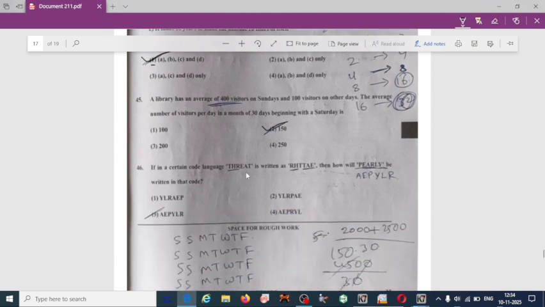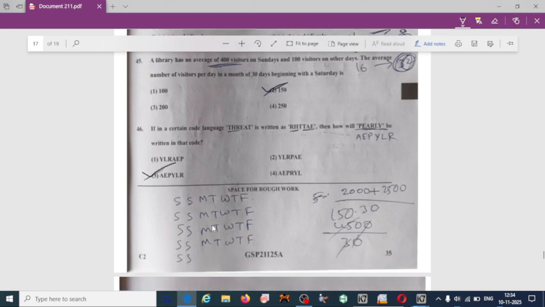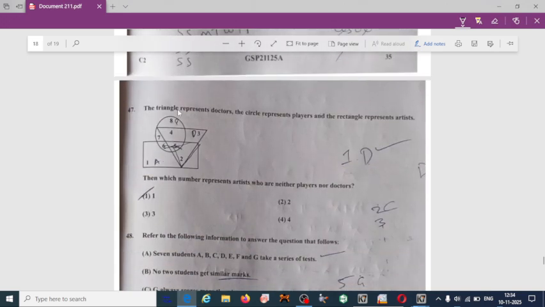If in a certain code language, threat is written like this, how will pearl be written in that code? Option 4. The triangle represents doctors, the circle represents players, and the rectangle represents artists.